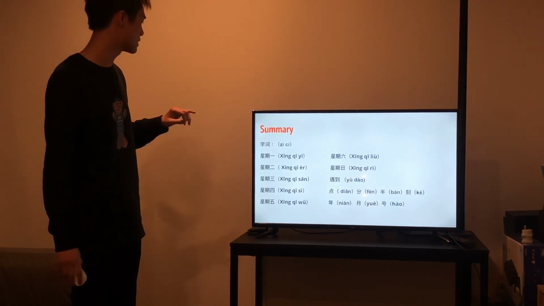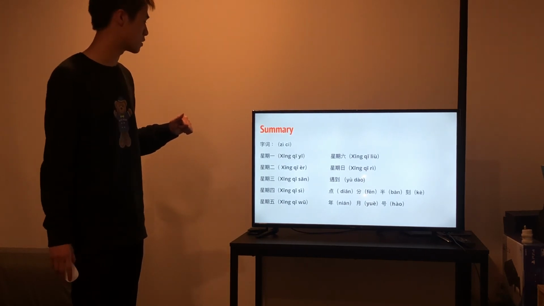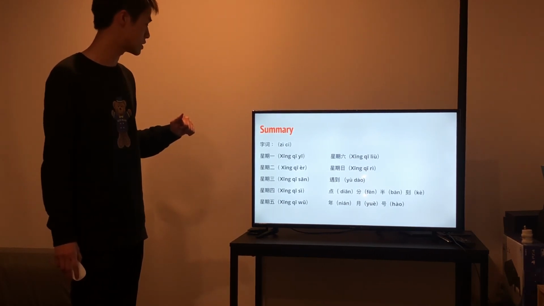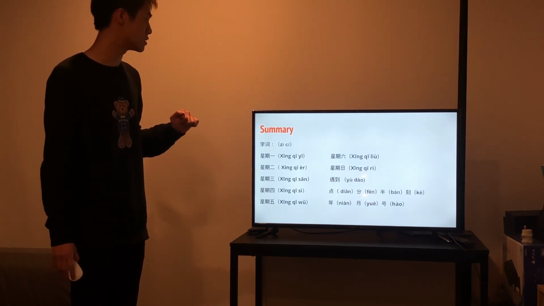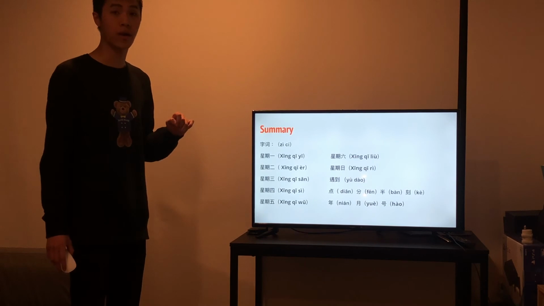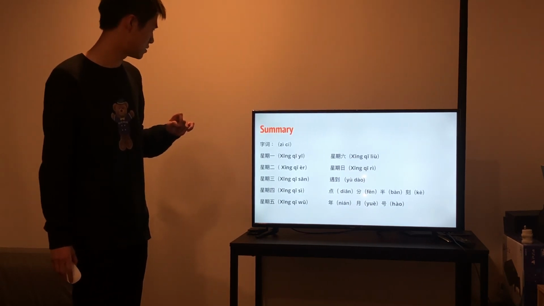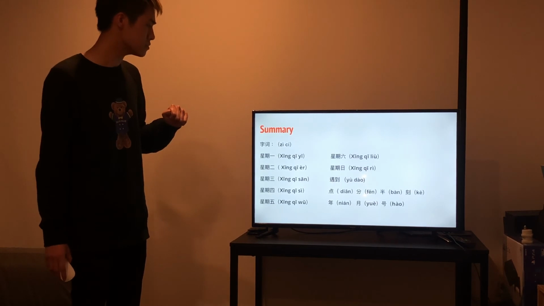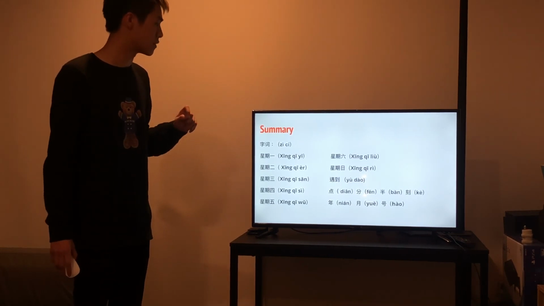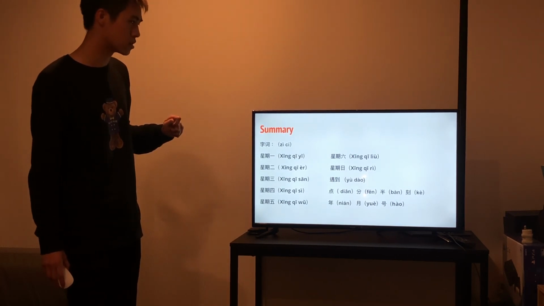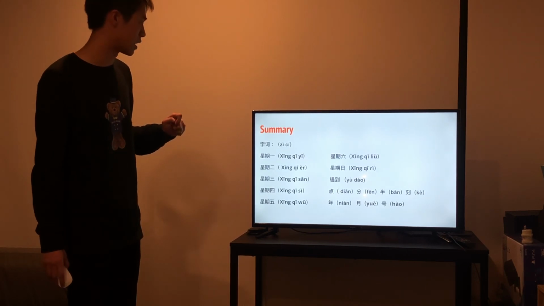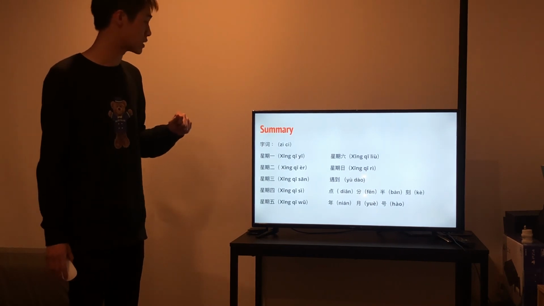First is 星期一, which is Monday. 星期二 Tuesday. 星期三 Wednesday. 星期四 Thursday. 星期五 Friday, 星期六 Saturday, 星期日 Sunday, and other words are 遇到 encounter, 点 is clock or o'clock, 分 is minutes, 半 is half, 刻 is quarter, 年 is year, 月 is month, and 号 is the day.